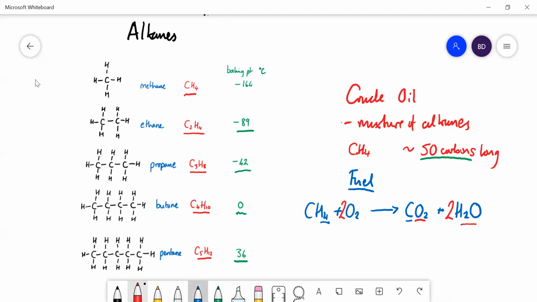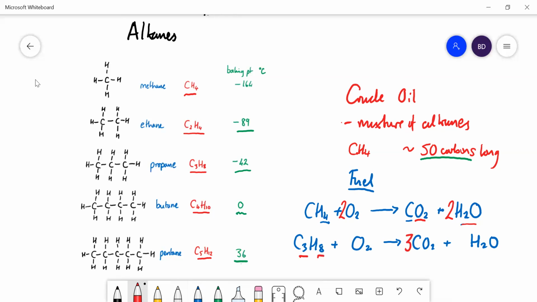Let's do another one. Let's do C3H8, and you're going to add oxygen to that. Again, the products are going to be carbon dioxide and water. In that case, you have got 3 carbons there, so we need to form 3 carbon dioxides.